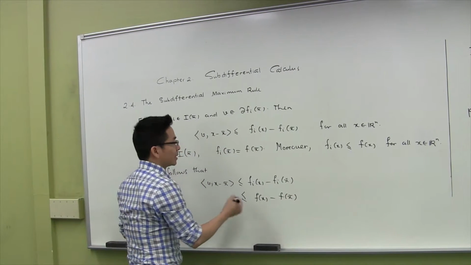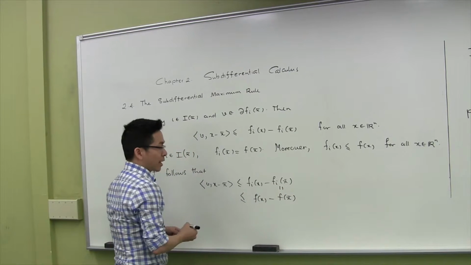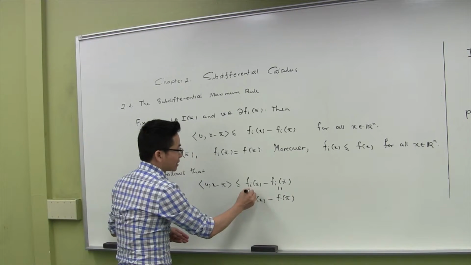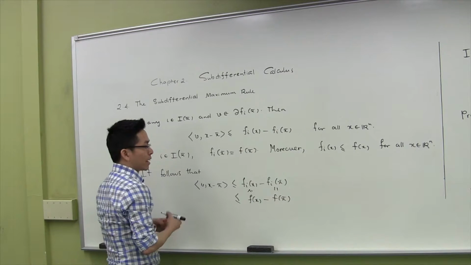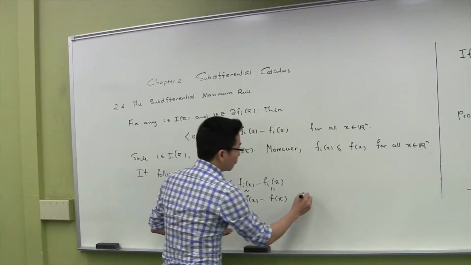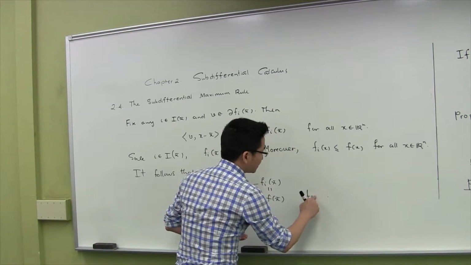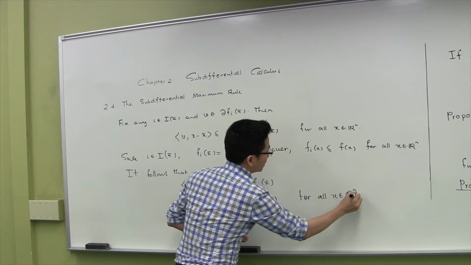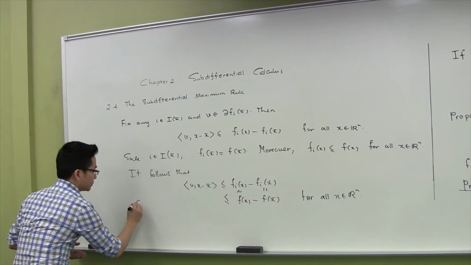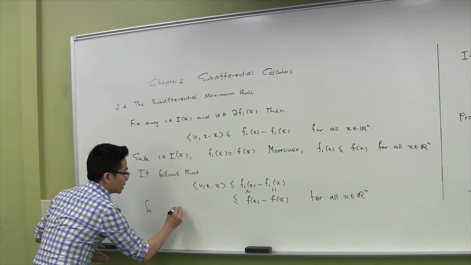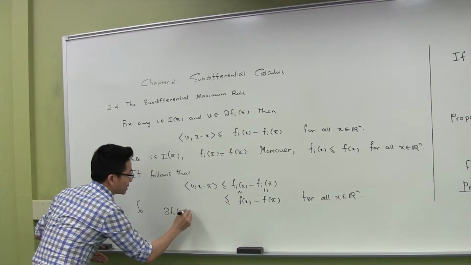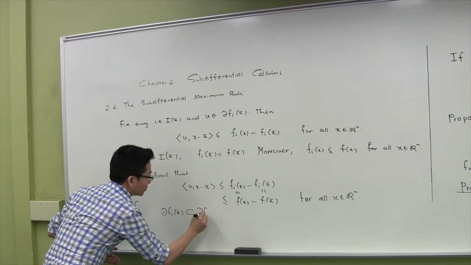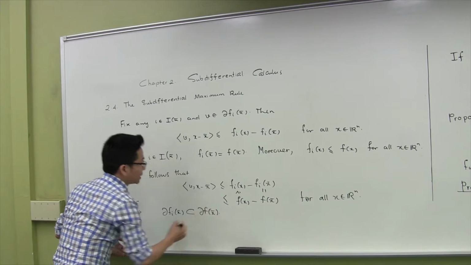This is true again because f_i of x bar equals f of x bar, and also f_i of x is less than or equal to f of x. And this is true for all x in R^n. Therefore, the subdifferential of f_i at x bar is a subset of the subdifferential of f at x bar.